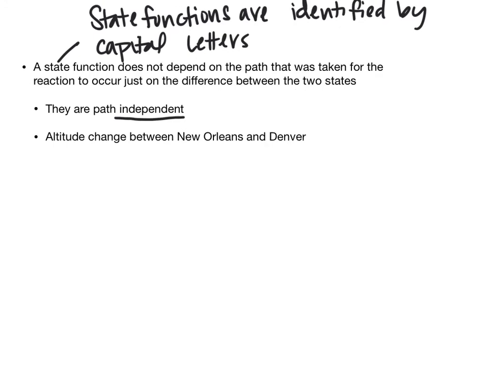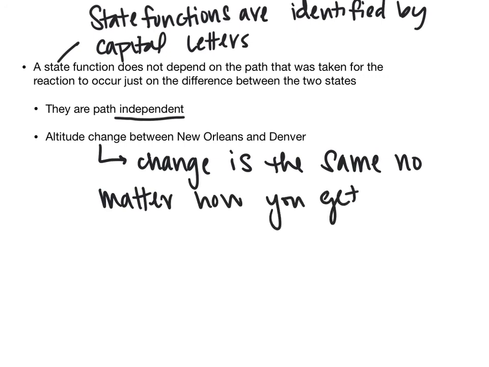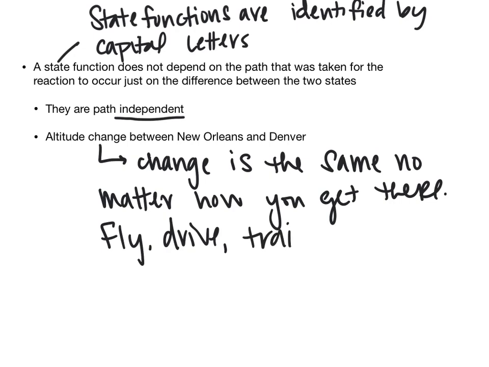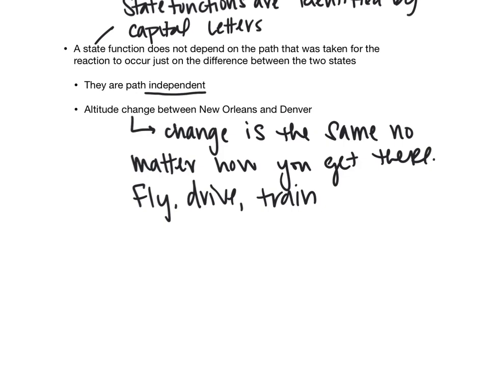If we think about the altitude change between New Orleans, which is below sea level, and Denver, which is the mile-high city, the change is the same no matter how you get there. If you fly, drive, take a train, or anything else, the distance between those two doesn't matter.